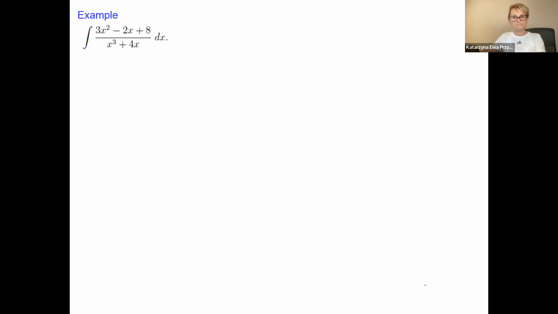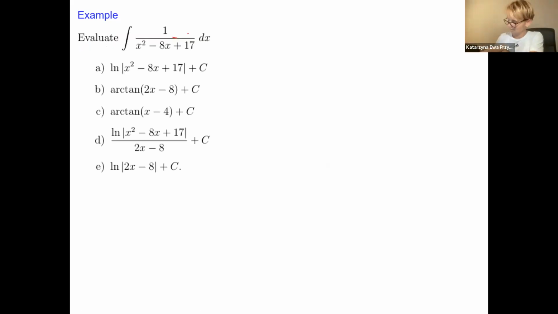Okay, what will you do for this integral? What's the first step? Let's solve this integral beautifully. We have 3x squared minus 2x plus 8.